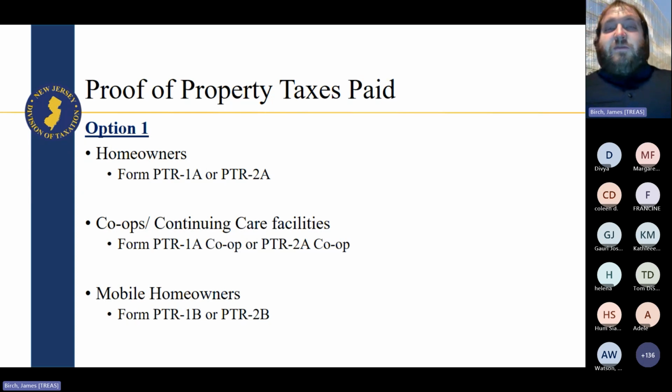This is something you would take to your local property tax collector and they can help fill it out. If someone is in a co-op or continuing care facility, they also fill out a form PTR-1A co-op, or a PTR-2A co-op. For mobile homeowners, instead of an A, it's a B. So PTR-1B or PTR-2B.